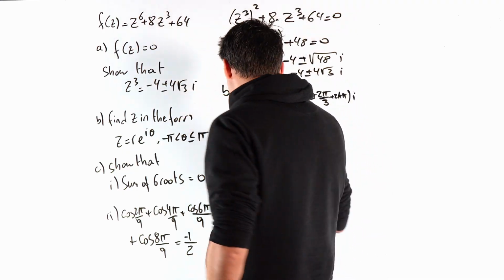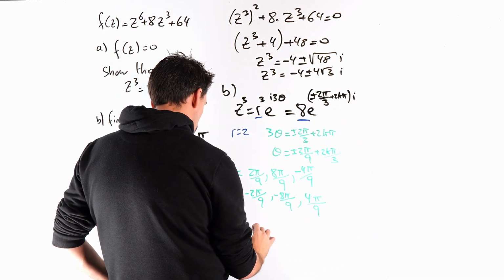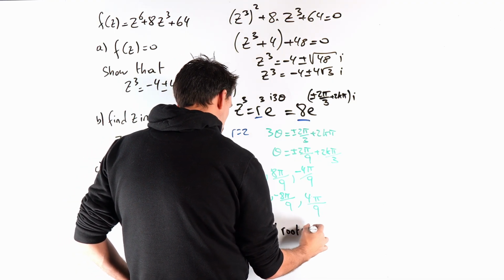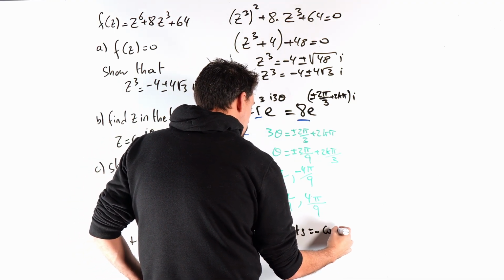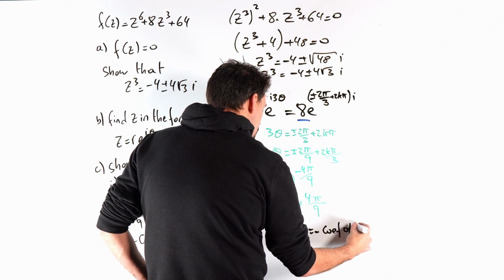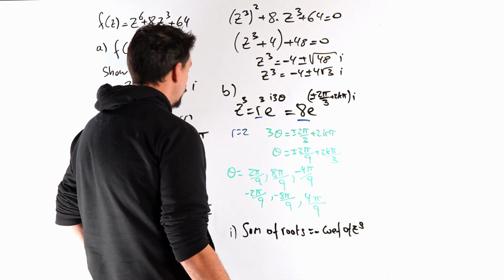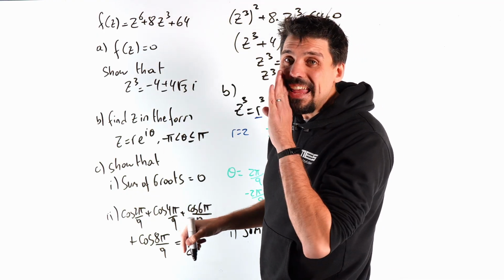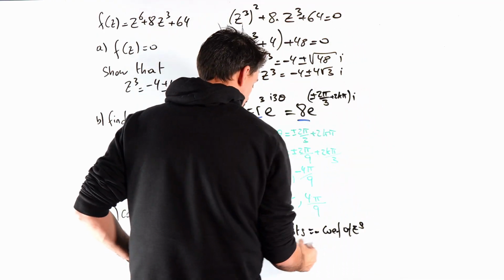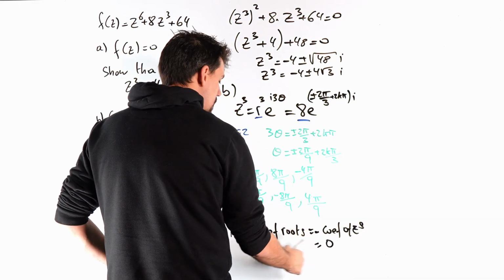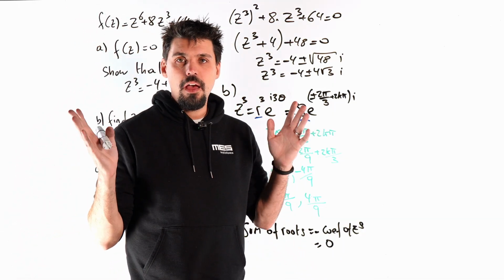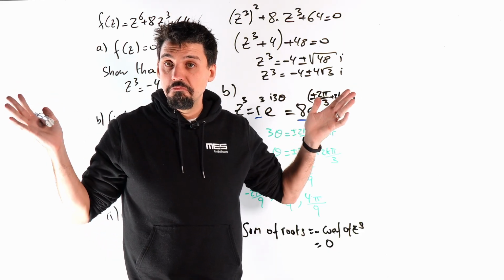We know that the sum of the roots in this one equals minus the coefficient of z to the 5. Well, what is the coefficient of z to the 5? It's nothing. So the sum of the roots is 0. Basic roots of polynomials formula. Very nice.